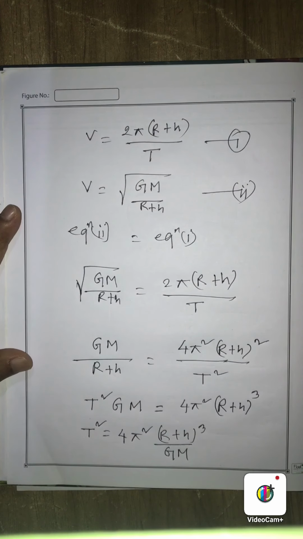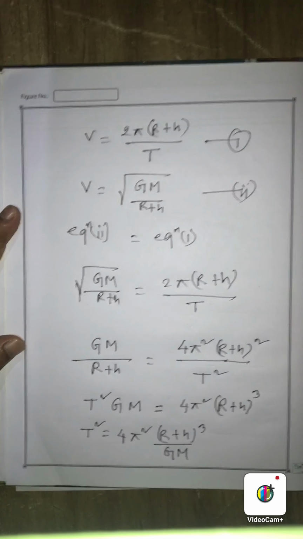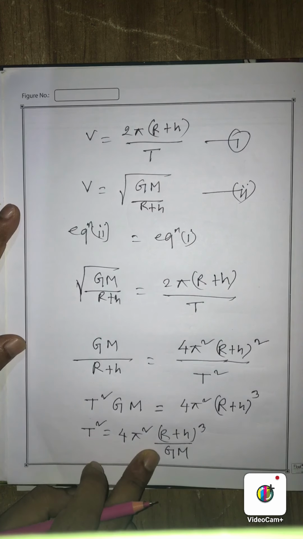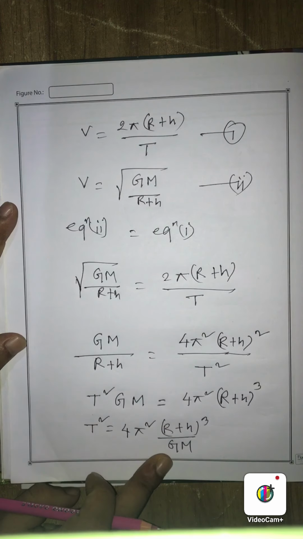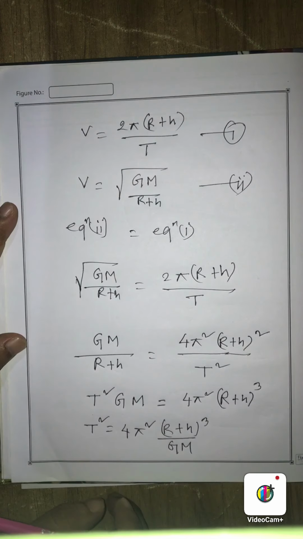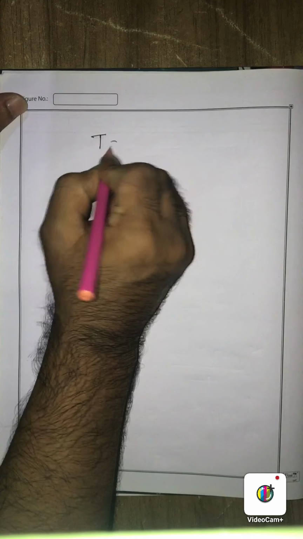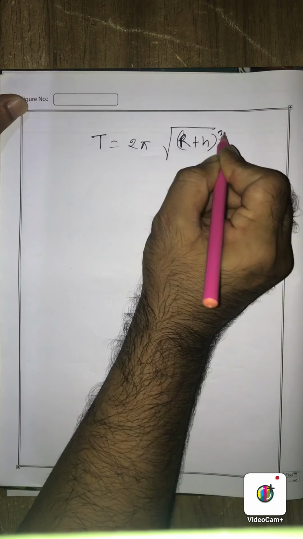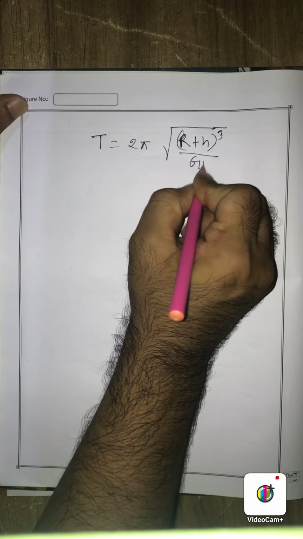Now taking the square root from both sides, we get T equals 2π root over (R plus H) whole cube divided by GM.